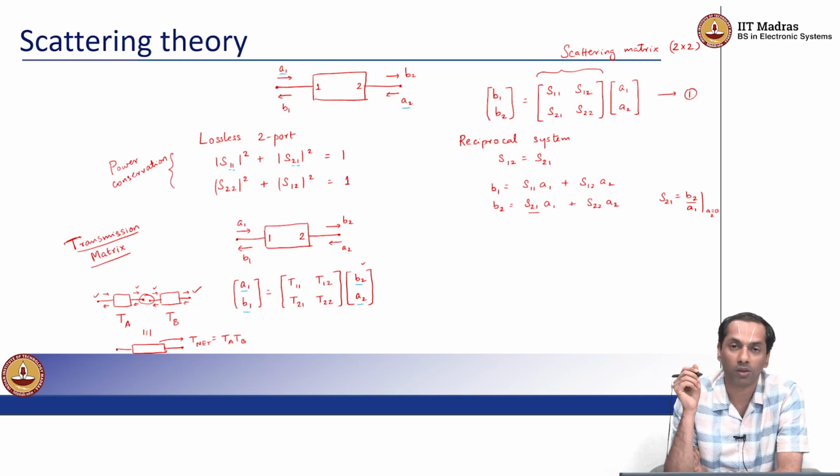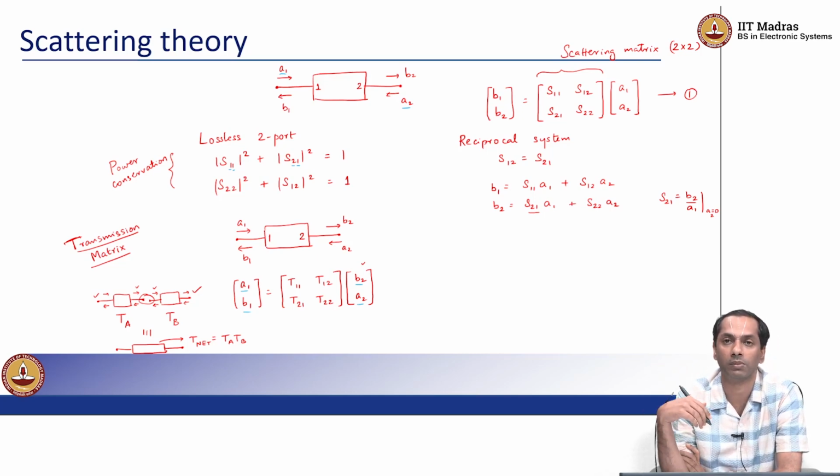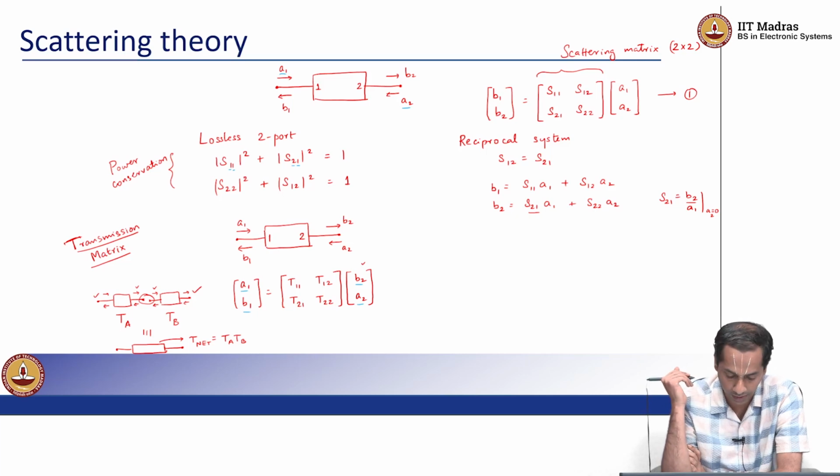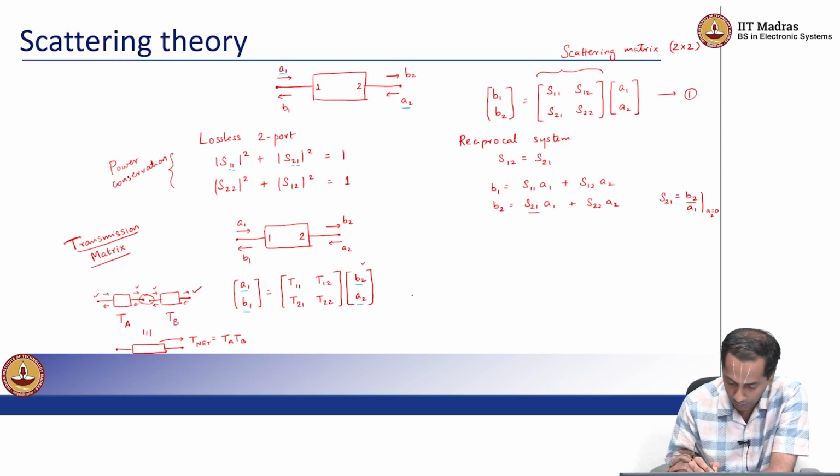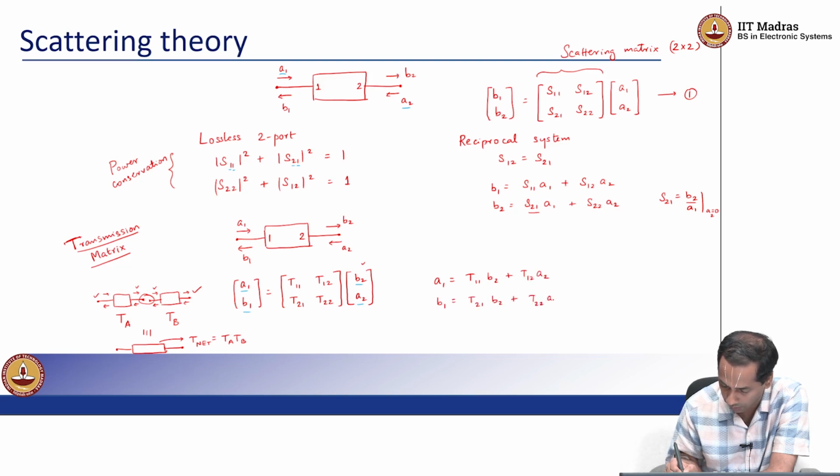As students, it's important to know how to go back and forth between the transmission matrix formalism and the S parameter, or scattering matrix, formalism. So we can do that. The equations here relate A1 to B2 and A2: A1 is equal to T11 B2 plus T12 A2, and B1 is equal to T21 B2 plus T22 A2.